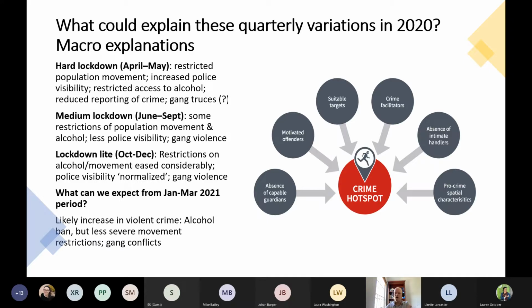So during the hard lockdown period, we had, as we all know, quite severe restrictions on the movement of people. We weren't supposed to leave our homes unless we needed to go to the shops, or we needed medical attention, or unless we had a permit, but very few people had permits. We also had this increased police visibility. So a lot of police on the streets to enforce the lockdown regulations, combining the enforcement of lockdown regulations with crime combating operations.